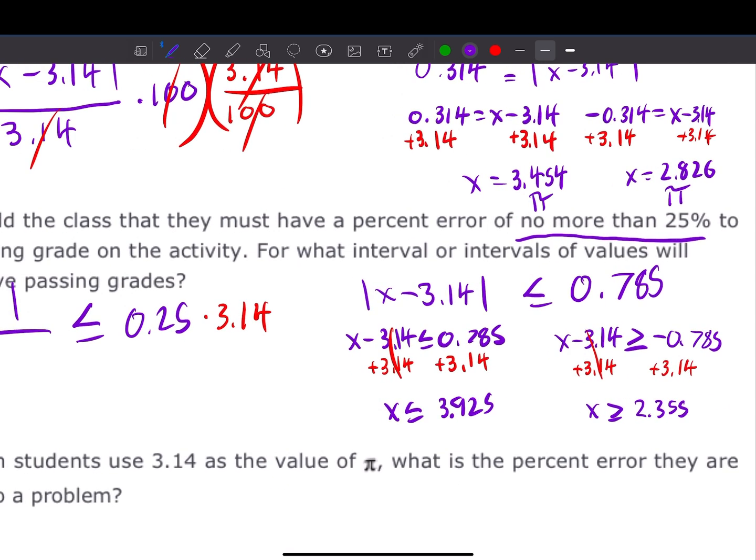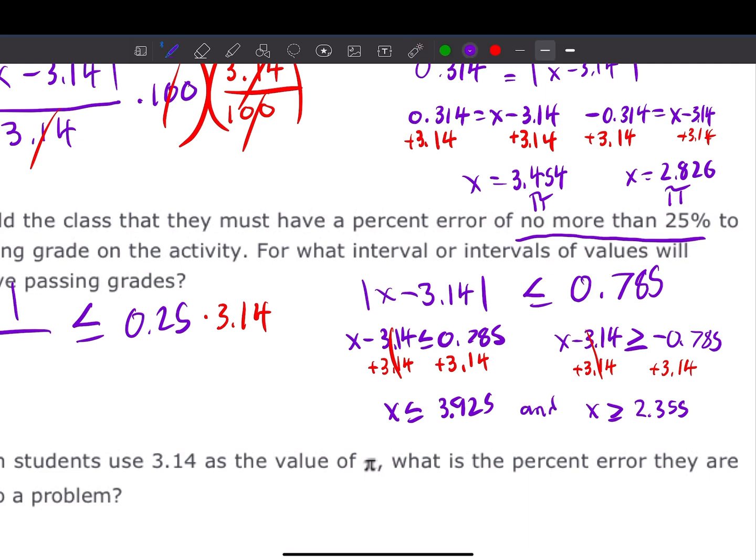And if I look, we're at 25% error. 3.925 is way worse error than 3.454, and 2.355 is way worse error than 2.826. Way too small compared to pi. But the kids are going to pass because these are within 25% error.